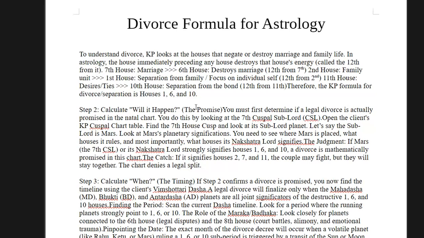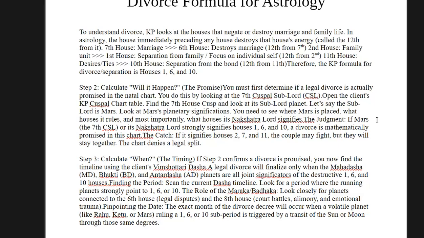So anyway, there's a couple steps that I've prepared here. The first is obviously looking at the houses mentioned, which is the first, sixth, and 10th. Number two, how to check if it will happen. So the way this works is most people just look at planets and houses, but it's not just a sign or planet that gives the result.